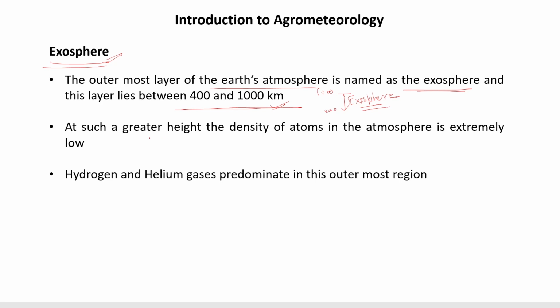At such a great height, the density of atoms in the atmosphere is extremely low. So hydrogen and helium gases predominate in this outermost region of the atmosphere.